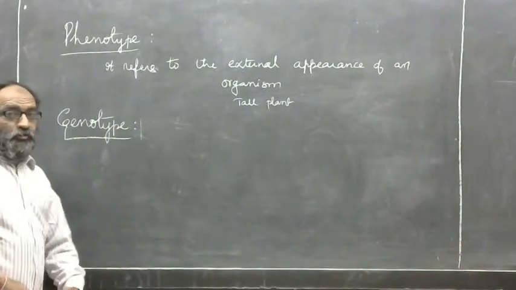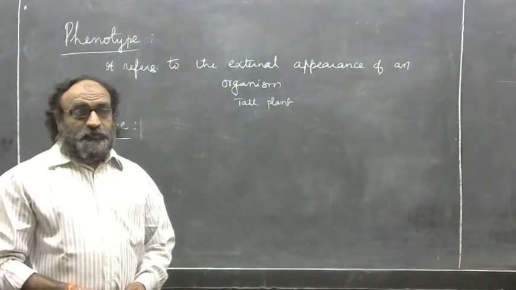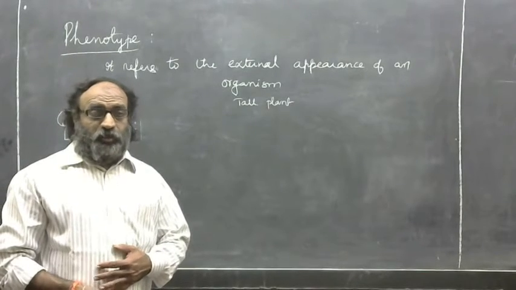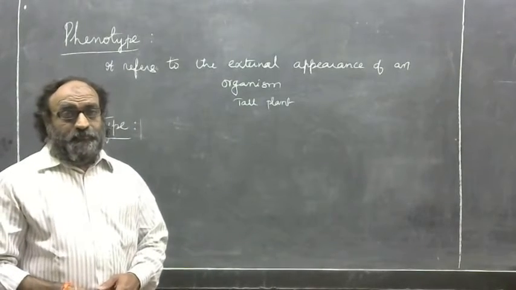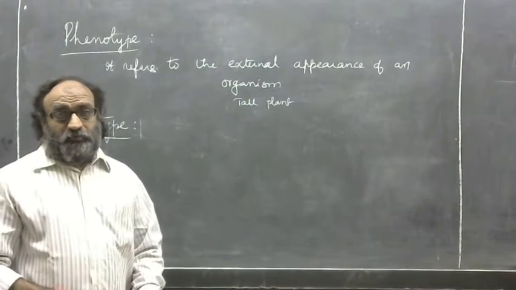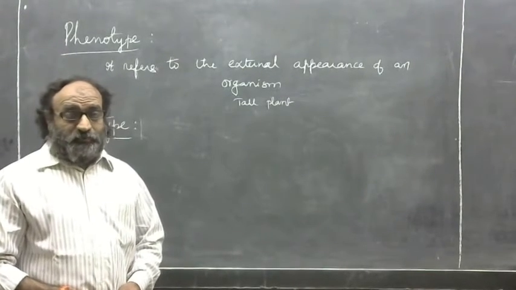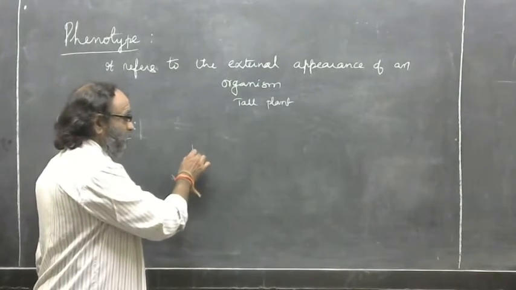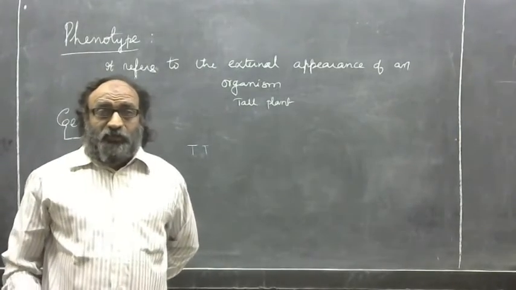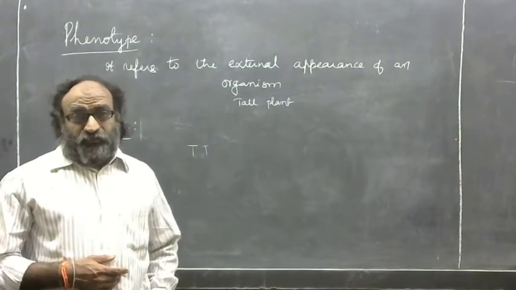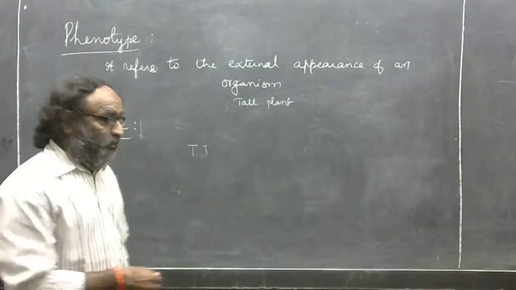Then what is genotype? Suppose I say it is homozygous tall. When I say it is homozygous tall, immediately it should come into your mind that the condition is capital T, capital T. When I say it is dwarf, dwarf is always expressed in homozygous condition.